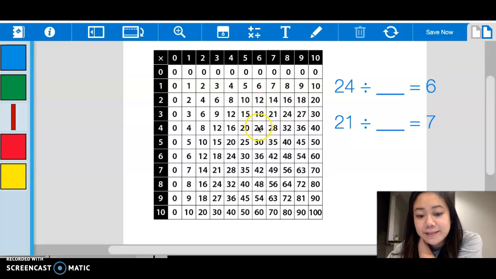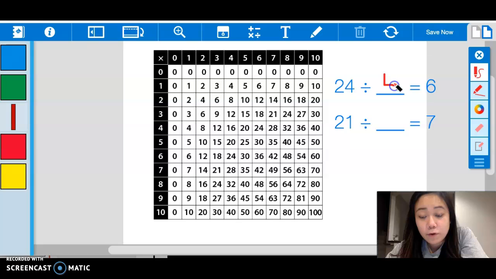Right there. How many times did it count by 6? It looks like it was 4 times. So notice how 4 and 6 met right here to make 24. So my answer would be 4 right here. I can double check by asking, is 6 times 4 24? 6 and 4 meet right here to make 24.